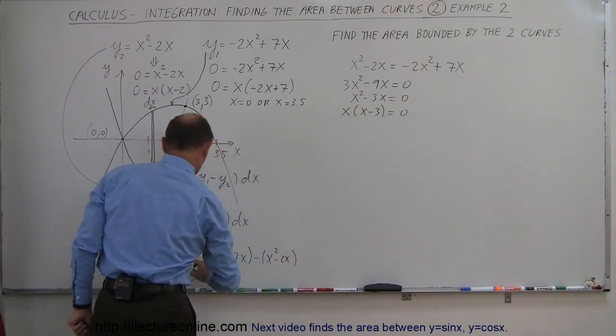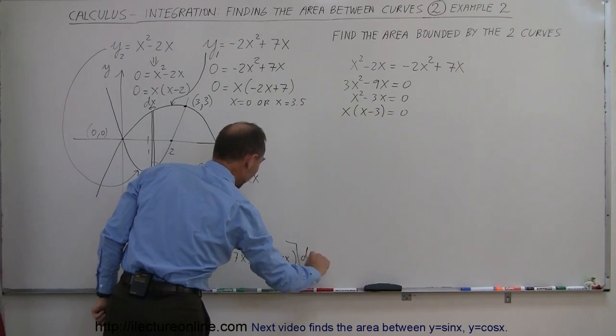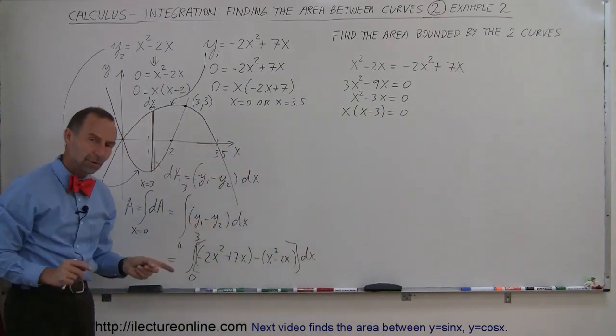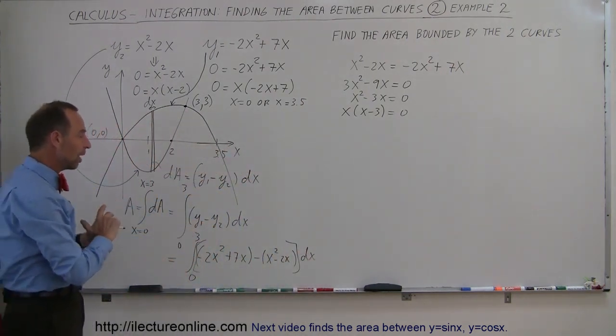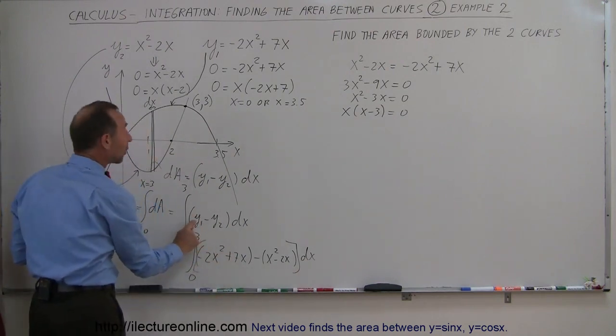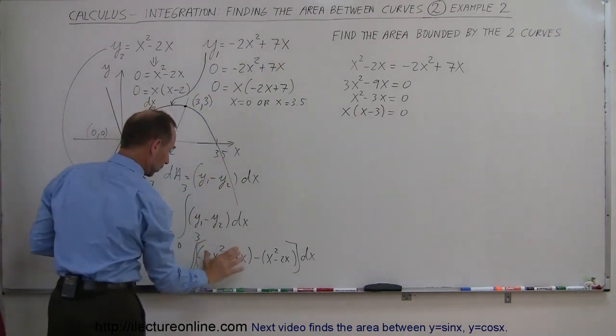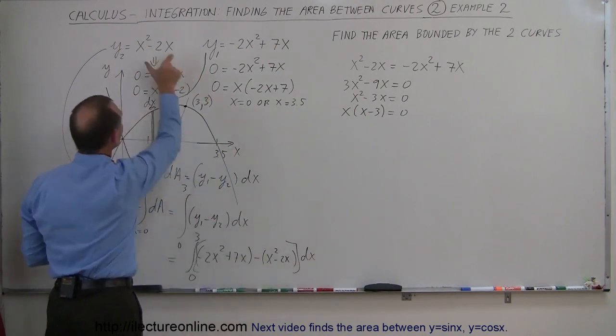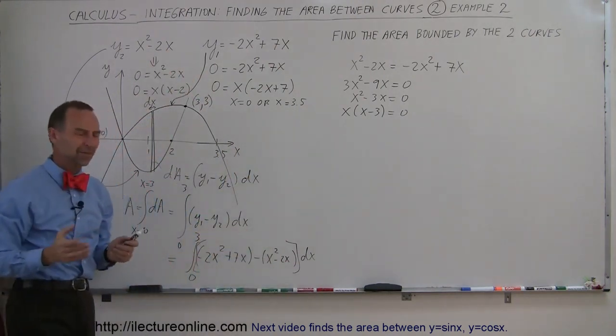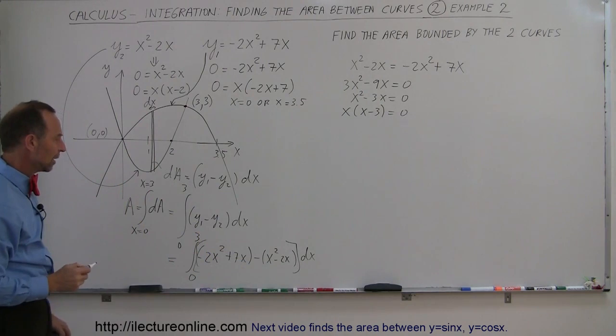And the whole thing is going to be multiplied by the dx. Notice how putting these subscripts there makes it easier to not make a mistake, right? So y1, you look up here, that's equal to this. So plug that down. y2 is equal to, from up here, that. So you don't make a mistake, sometimes rearranging them incorrectly.